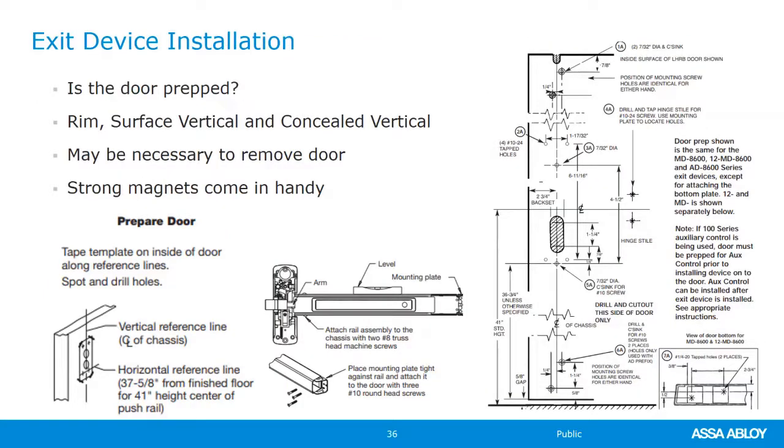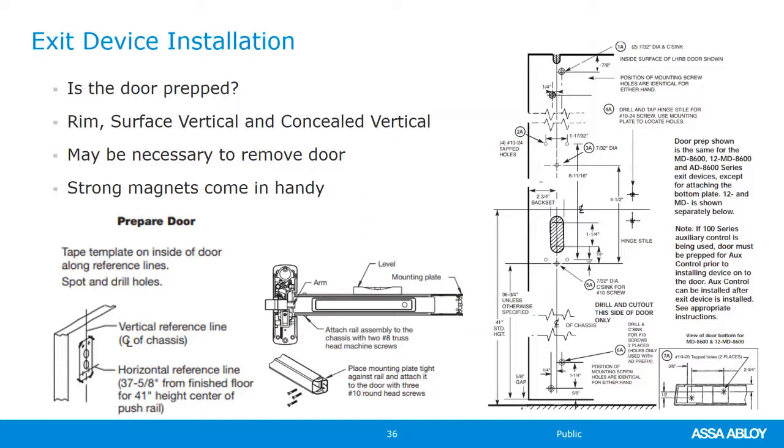So we've already talked about a lot of the things that you would do to get ready for an exit device install, but a thing that you need to pay attention to is: is the door prepped or not for the exit device? Let's say we're installing a rim exit device and there are no holes in the door at all.